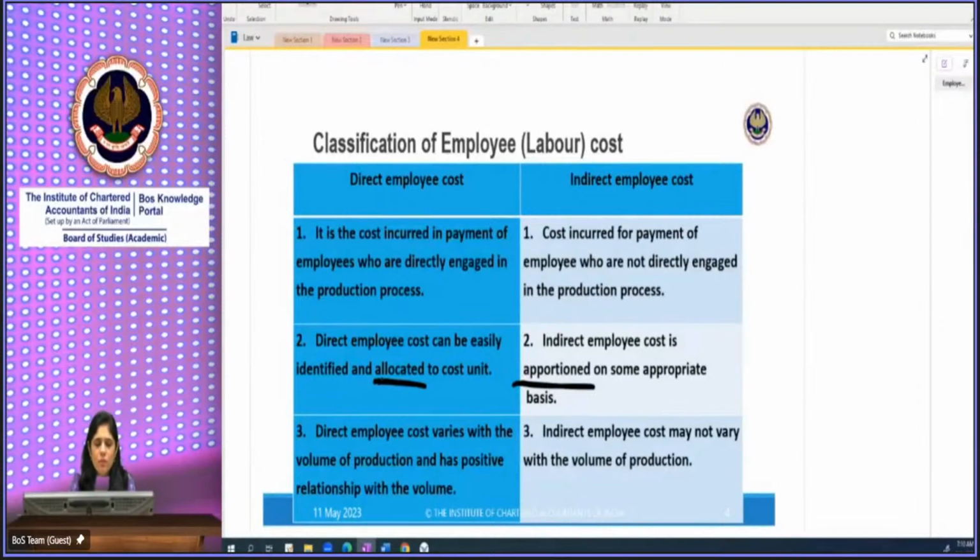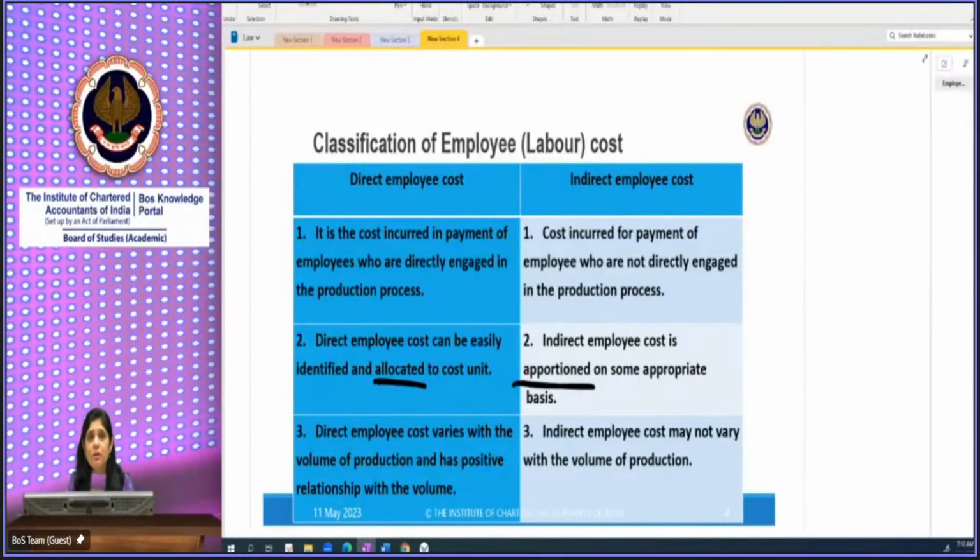Direct employee cost varies with the volume of production. So howsoever many units you are producing, if you are increasing the production, direct labor cost is going to increase. But whether you are making 100 products or 1500 products, the supervisor is getting the same salary. So indirect labor cost will not vary as per the output or the production.